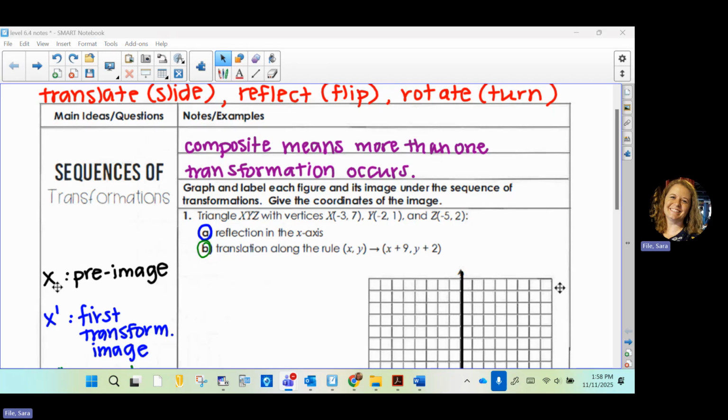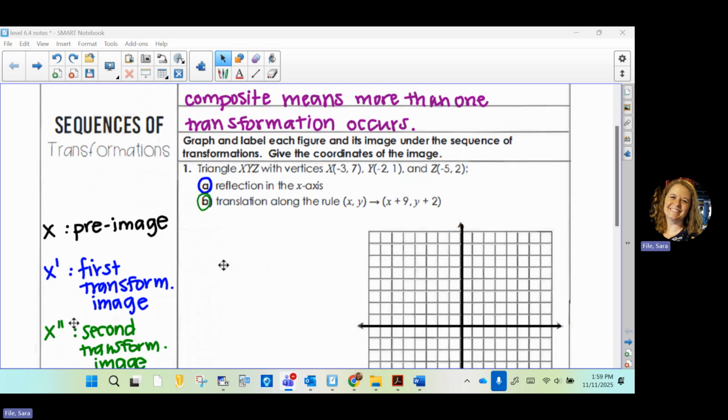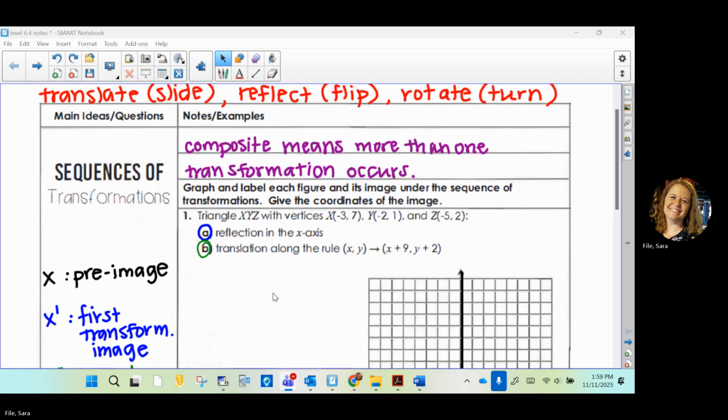So if we start with X, then X prime is where the image ends up after the first transformation. Since we're doing a composite, we're going to end up with X double prime, so 2 little apostrophes or tick marks up there. X double prime is going to be the second transformed image.